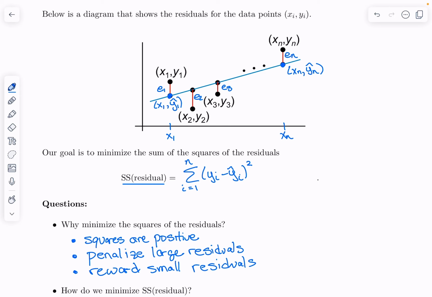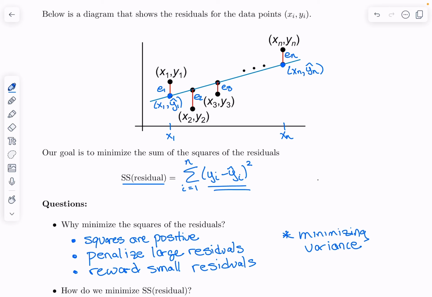Okay, so what we're essentially doing though is we're minimizing essentially variance. This kind of calculation we've seen before, where we look at the square of the distances.